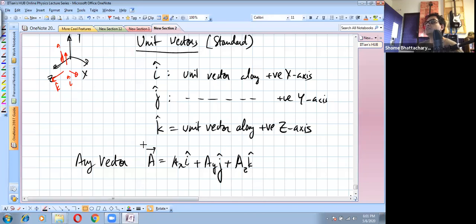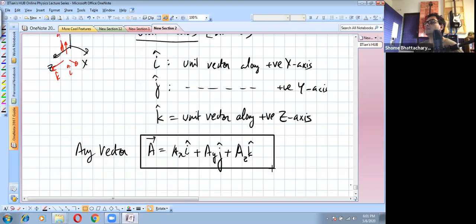So this is the general formula of any vector in 3-dimensional component form.